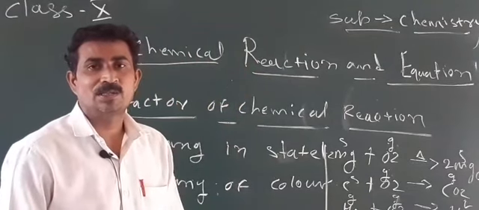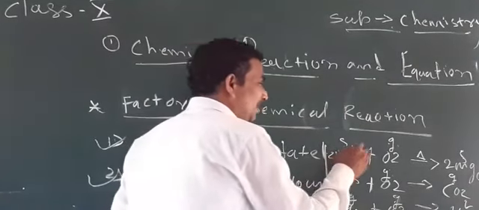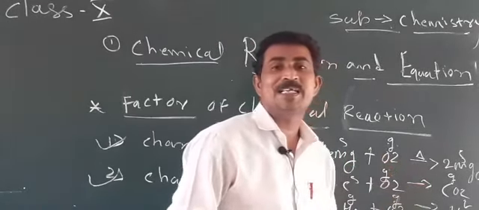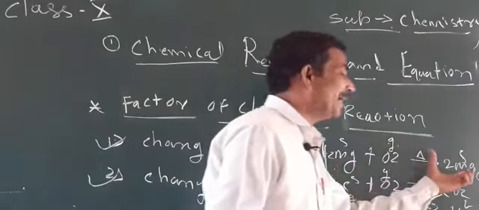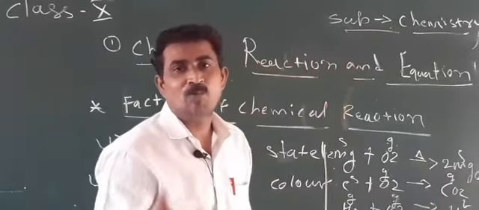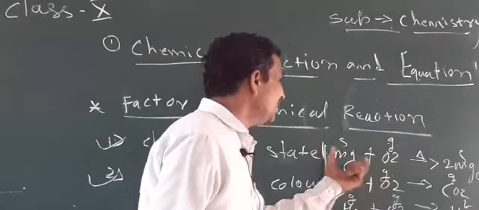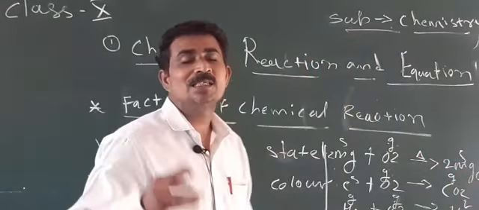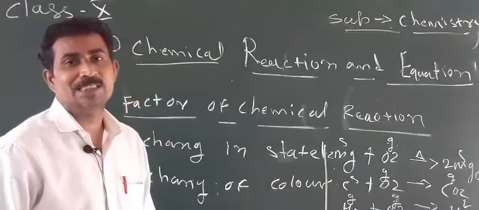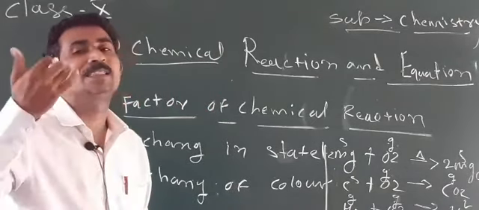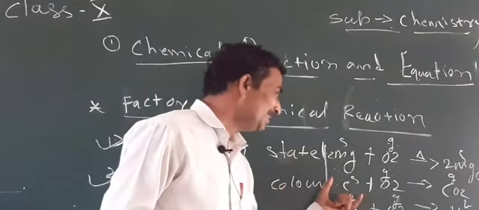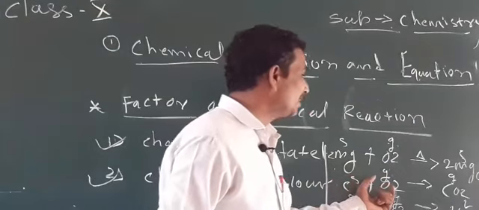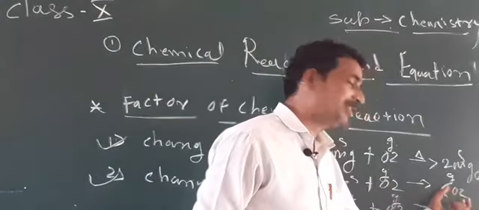What are the color changes? Magnesium is silver in color. Oxygen is colorless, and magnesium oxide, like ash, is white. Here it is silver, here colorless, and here white. In the second equation, carbon is black, oxygen is colorless, and carbon dioxide is also colorless.